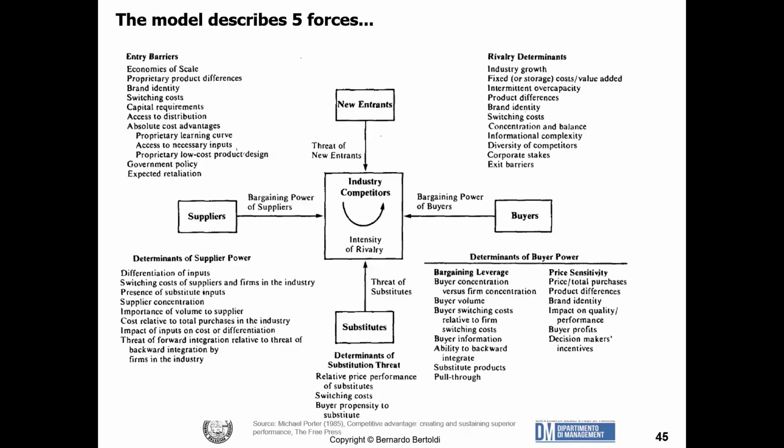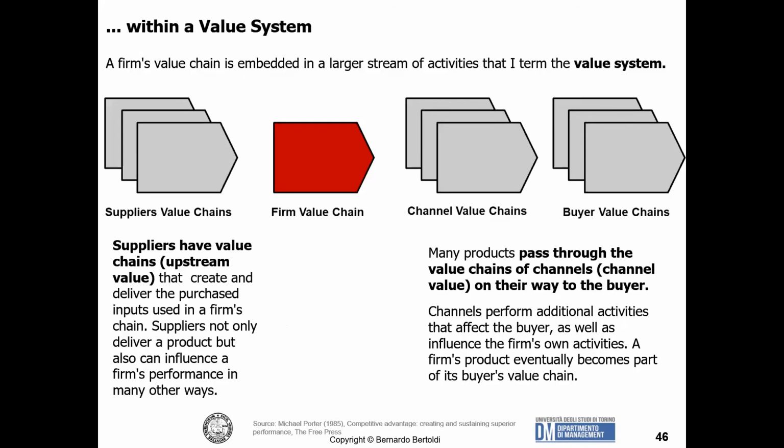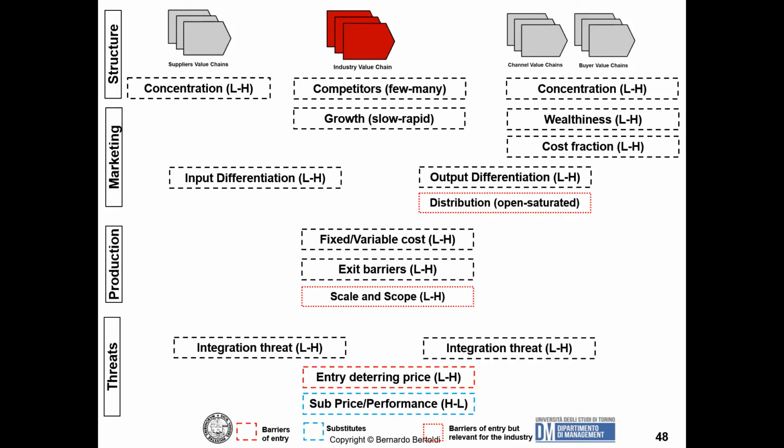Instead of just looking at the simple image of the five blocks and saying, oh yes, buyers are very powerful, that's not the way to use the model operatively. You should analyze these 16 variables, divided in these 4 areas, in great depth.